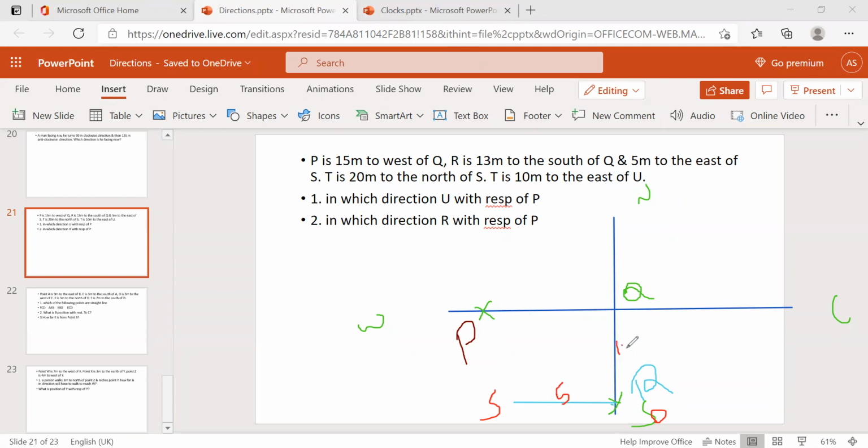And this is 13 meters, and this is 15 meters.